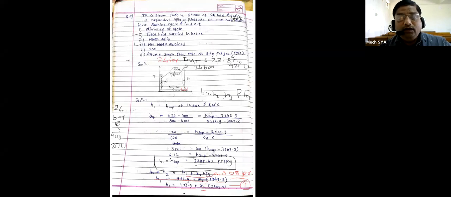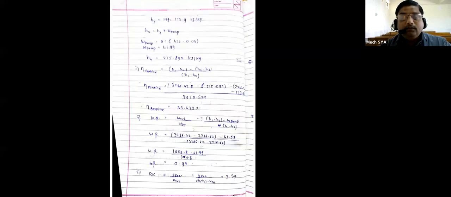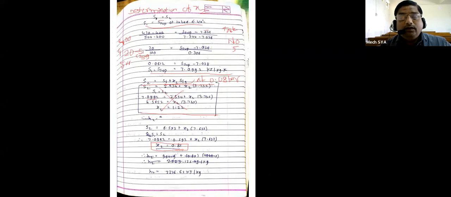What is equation number 1? H2 is equal to 173.9 plus X2 into 2403.3. If we put the value, we get H2 is equal to 2216.62 kilojoule per kg. Understood up to this H2 calculation?